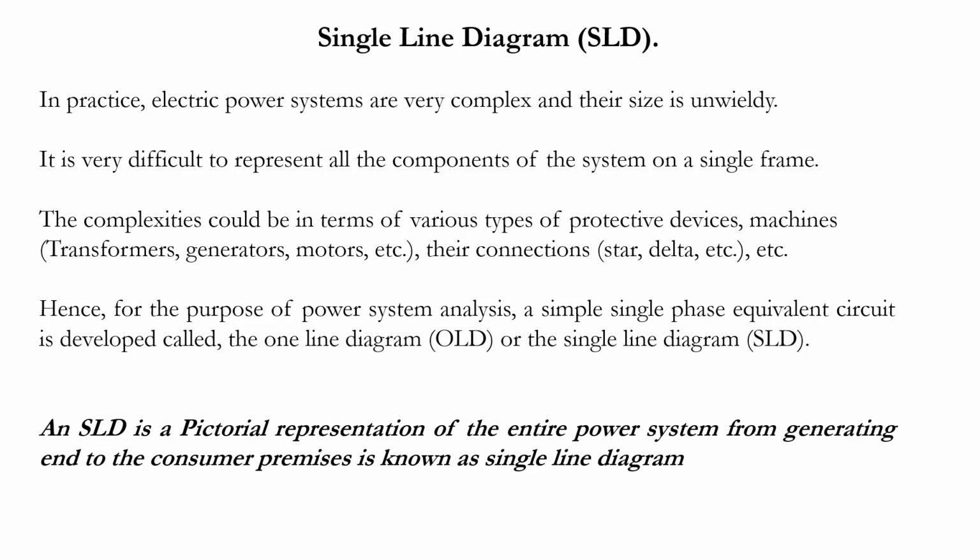The complexities could be in terms of various types of protective devices, machines such as transformer, motor, generator, etc., and their connections, which can be either star, delta, etc. Hence, in order to avoid this complexity, for the purpose of power system analysis, there comes a single phase, simple equivalent circuit, which is nothing but the one line diagram or single line diagram. Hence, the SLD, single line diagram, is a picture representing the entire power system from the generating end to the consumer end.